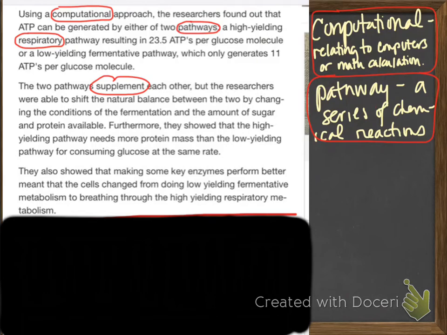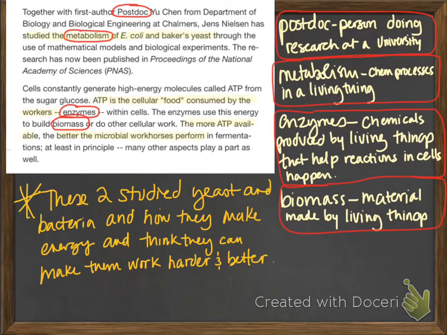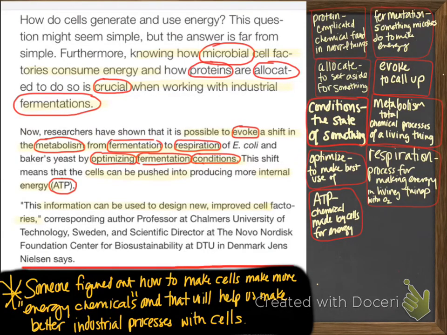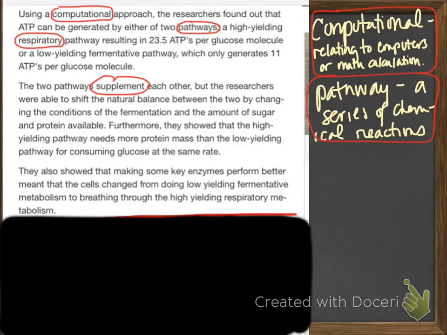Yeah, that makes sense. A high-yielding respiratory pathway. Well, wait, I just looked up the word respiration. Oh yeah, respiration, where was it? Here it is. Process for making energy in a living thing with O2. So a high-yielding chemical process for making energy, series of chemical reactions.